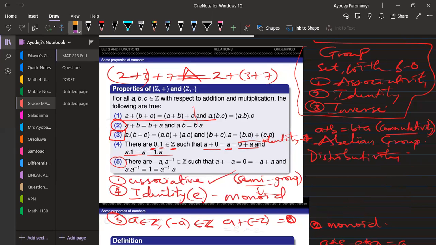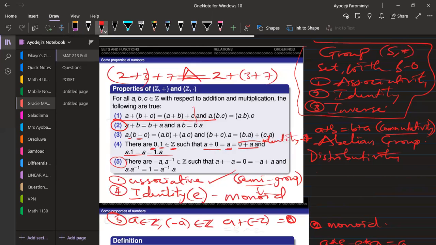That one is actually related to another structure, because as you can see, there are 2 operations there. In property number 3, you see that there is multiplication and there is addition. In an ordinary group, a group is always a set and one operation.